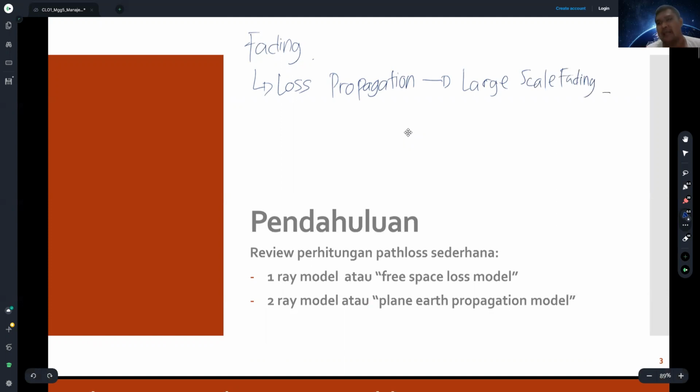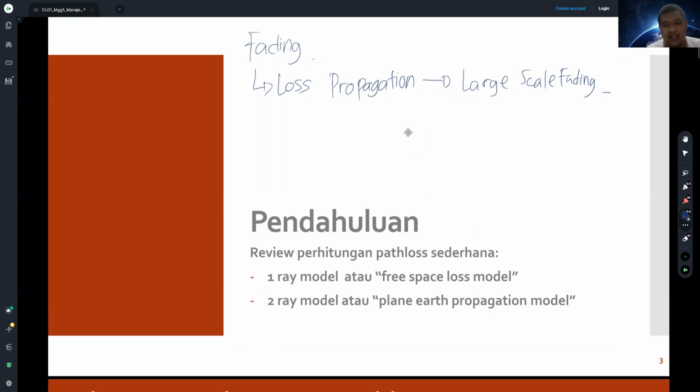There is another type of fading, for example, small-scale fading. However, we are not going to talk about it yet. We are still talking about this loss propagation caused by the large-scale fading. Last week, we also learned about several types of propagation model.